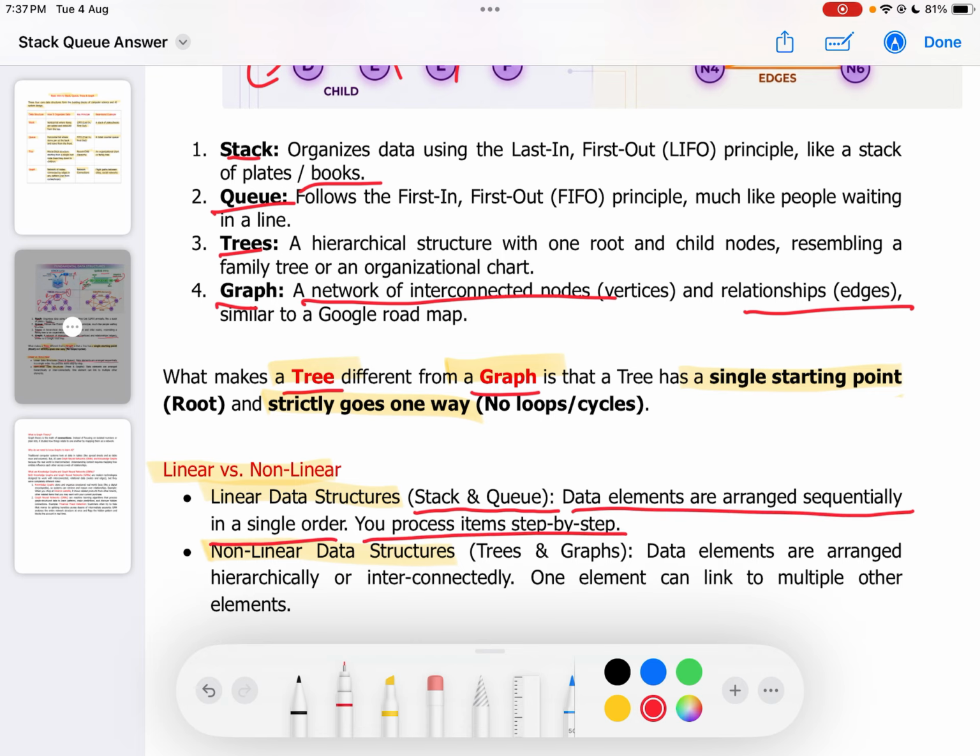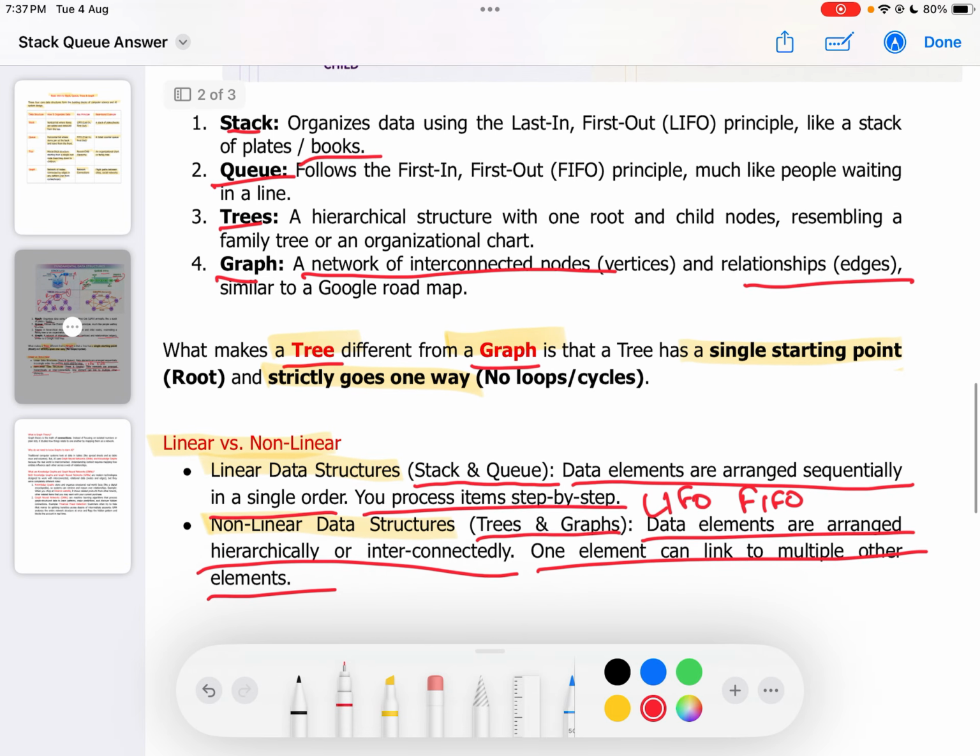You process items step by step, either LIFO or FIFO, which stands for last in, first out, and first in, first out. Second is non-linear data structures, where trees and graphs are examples. These data structures are arranged hierarchically or interconnectedly. One element can link to multiple other elements. This is non-linear data structures.